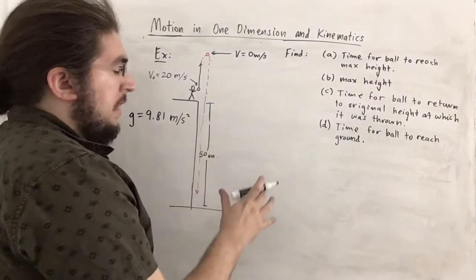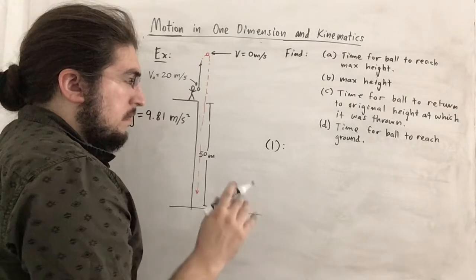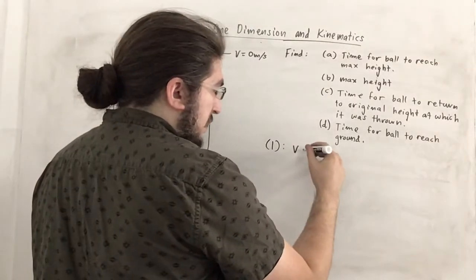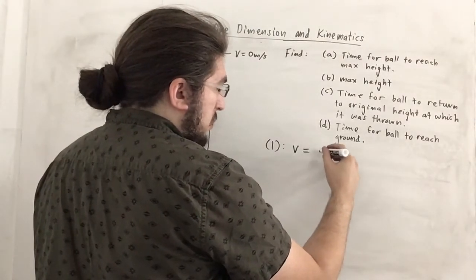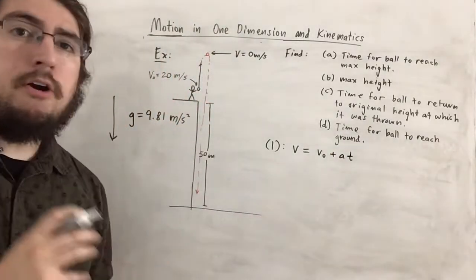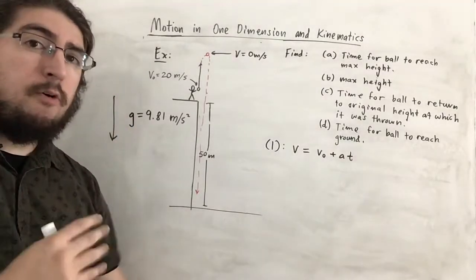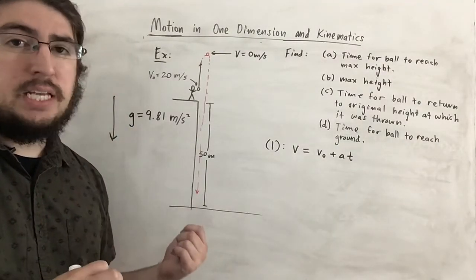So the kinematic equation we're going to be using actually is the first kinematic equation, which is v is equal to v naught plus at. Now, in our particular case, gravity is always going down. So very often we treat gravity as being a negative acceleration.